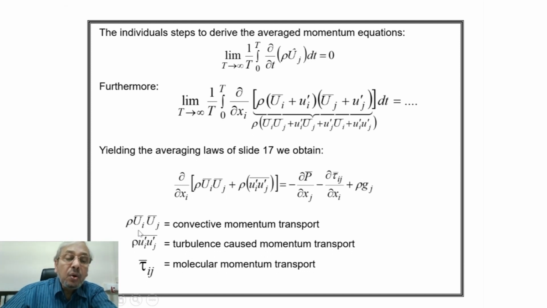Here rho ui bar uj bar is the convective momentum transport, rho ui prime uj prime over bar is the turbulence caused momentum transport, and tau ij bar is the molecular momentum transport. This is basically shear stress arising out of molecular viscosity.